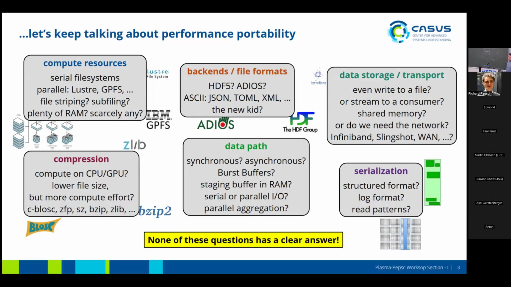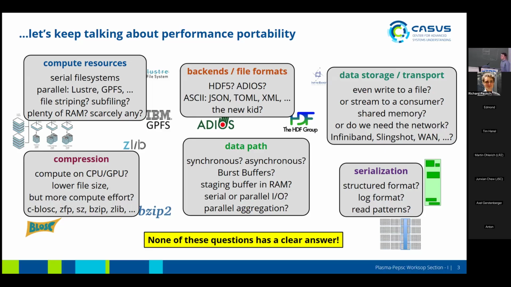Going beyond file writing, what kind of data storage or data transport am I going to use? So will I even write to file? Maybe that's something that Michael already hinted at yesterday. Do I maybe want to stream to something else that is running at the same time? So for example, I have a simulation running concurrently with an analysis, and the simulation outputs data not onto the file system, but directly into the analysis.